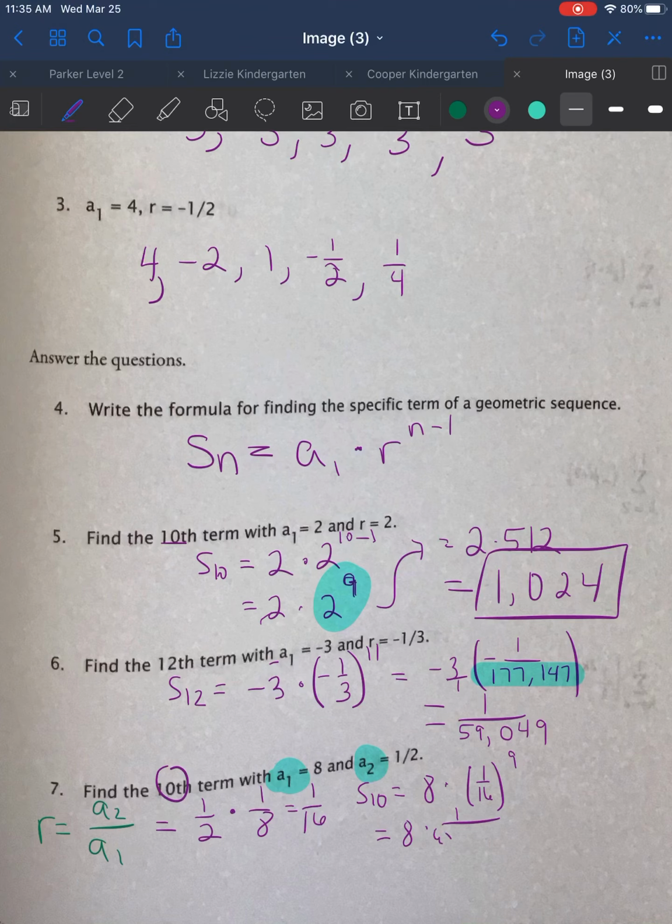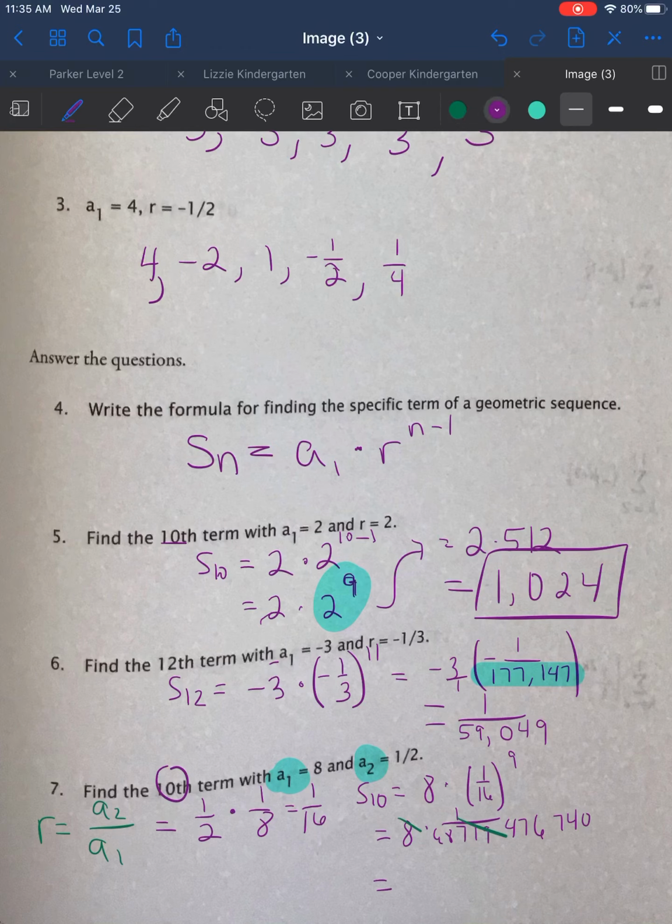It's 68,719,476,736. Okay, that number happens to be divisible by 8, so we're going to reduce those numbers. We're going to divide both of these by 8. That 8 will reduce to 1.